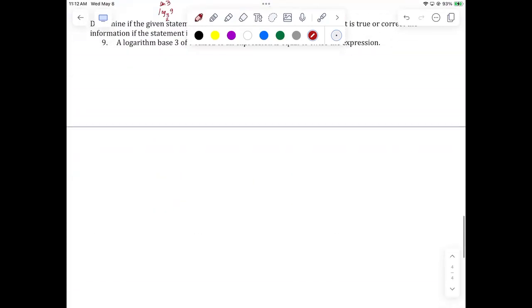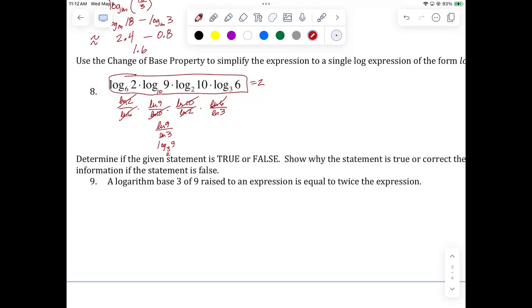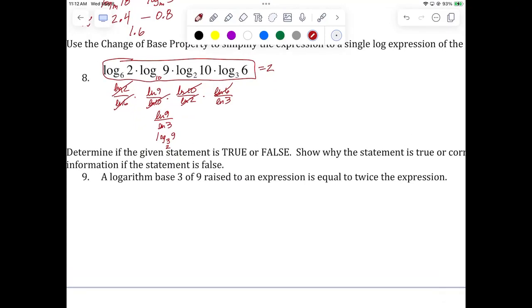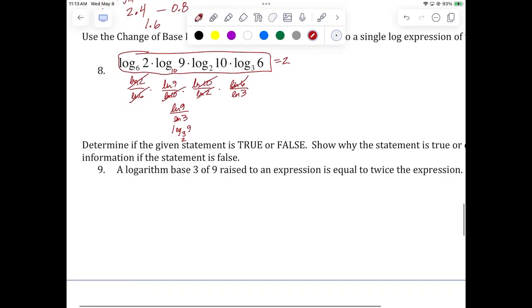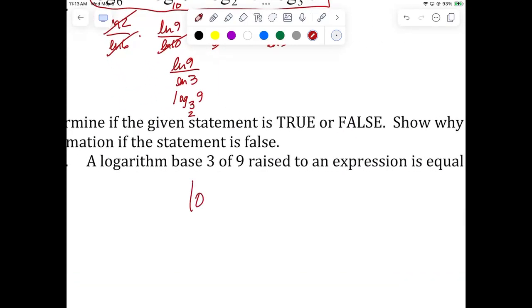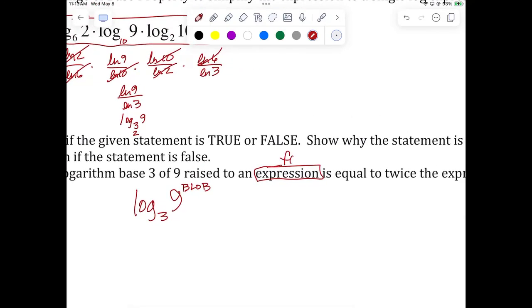All right, last one. True or false? A logarithm base 3 of 9 raised to an expression is equal to twice the expression. I've seen this before. Let's write a mathematical sentence. A logarithm base 3, so that's log base 3, of 9 raised to an expression. What are we going to use for the expression? Blob. Blob instead of f of x.